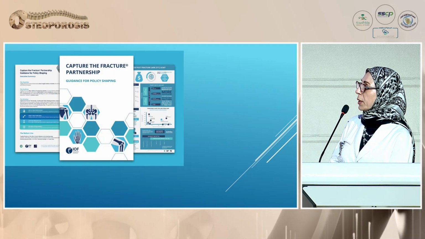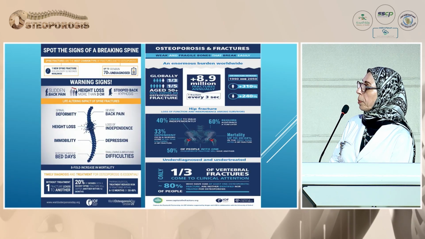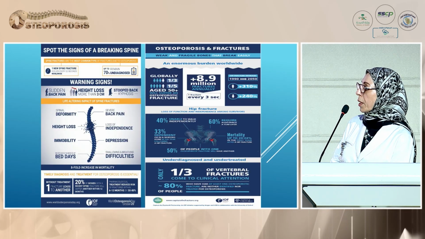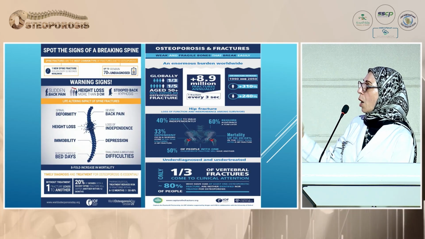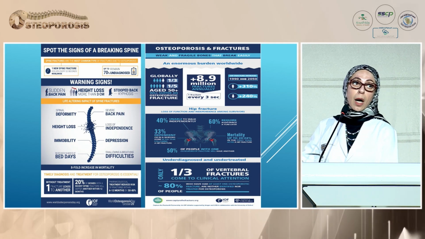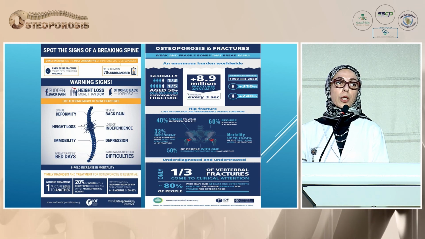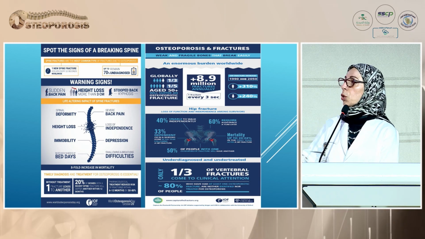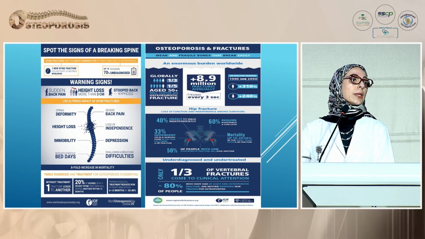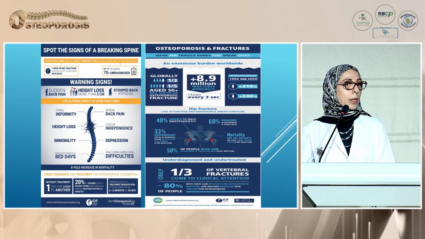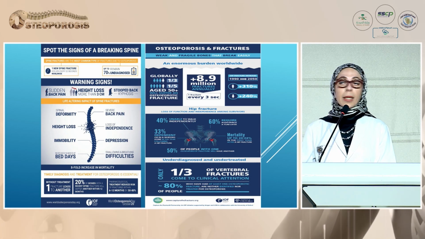As I mentioned, you will see a lot of publications on their website. All of them are very important, addressing how vertebral fractures are as important as hip fractures. We all talk about hip fracture and forget that vertebral fractures do kill people as well. So we're not talking about just fractures creating disability. We are talking about mortality as well.